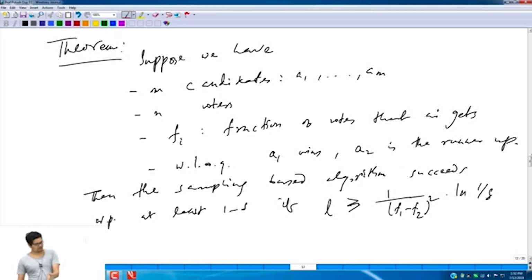If you have m candidates and n voters, then with this much sample, the winner, the most frequent item here, is the same as the most frequent item in the original votes. Now, try to apply this to the scenario where a router wants to know the most frequent destination in the IP packets that it sees.